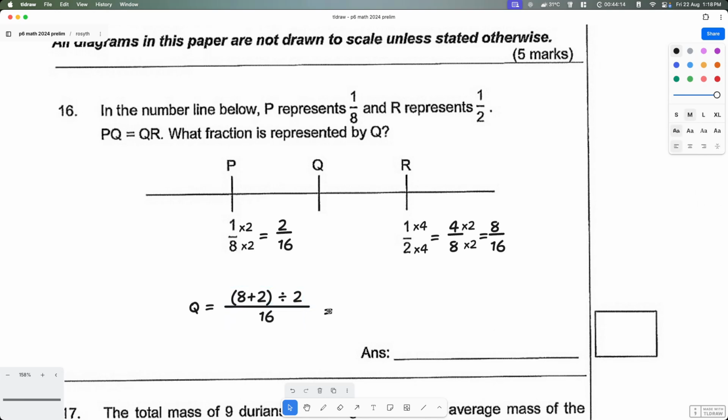So from there, you can see that this will equal to 10 divided by 2. And this will be 5 out of 16. Sadly, that's the answer. So 5 over 16. There you go. So that's the answer. 5 over 16. Okay, let's move on to the next question.